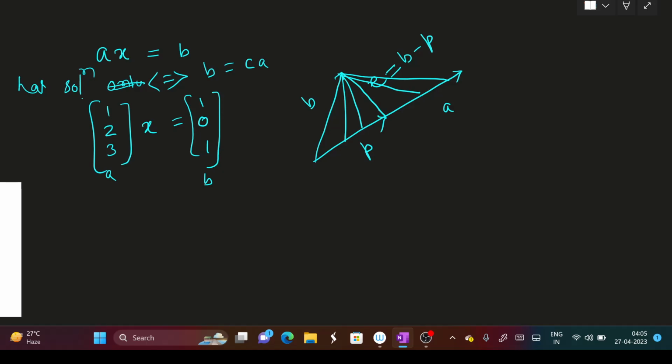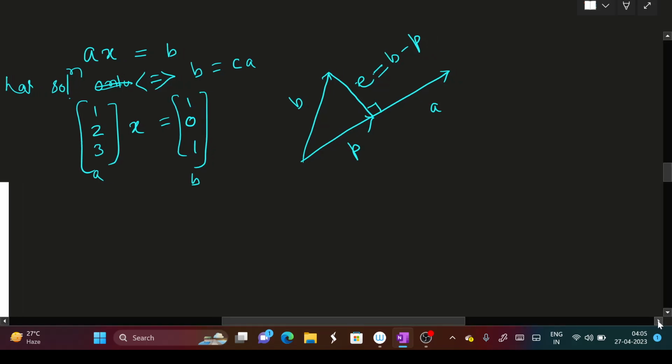If I am projecting b orthogonally onto a, then my error is least. So that orthogonal projection is what we are interested in finding. The error must be orthogonal to a to have the least value or least length.